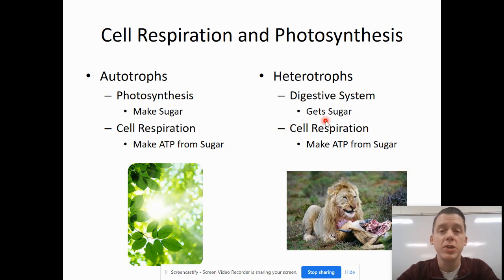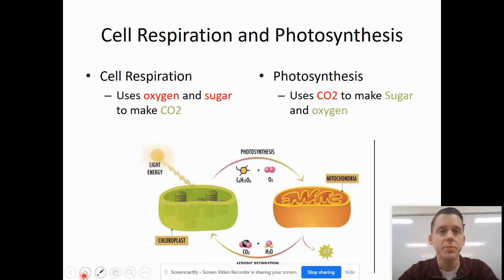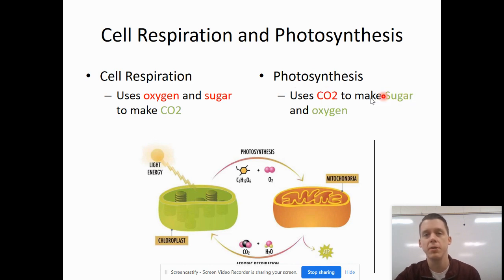So remember, cell respiration is the process of making ATP from sugar, and photosynthesis is the process of making sugar. All right, so cell respiration uses oxygen and sugar to make CO2 as a waste product. And photosynthesis is going to use CO2 to make sugar and oxygen.